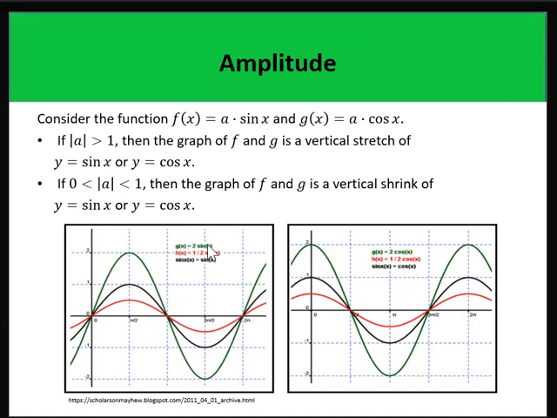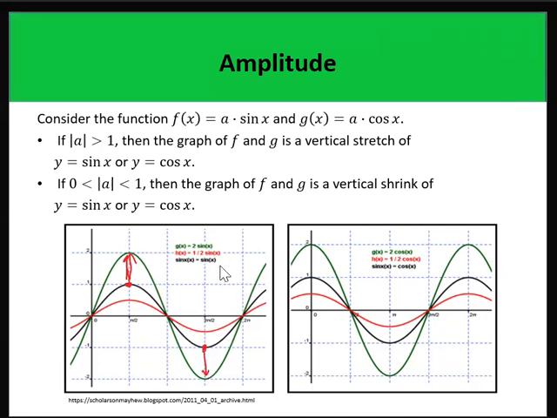So the amplitude of 2 sine of x is 2, which is higher than 1. So that means this black graph will be stretched outwards. So meaning we're going to pull this graph outward going up, and then we will pull this graph outward going downward.